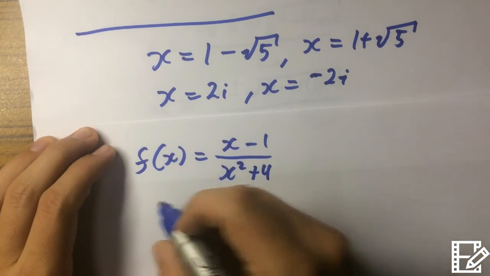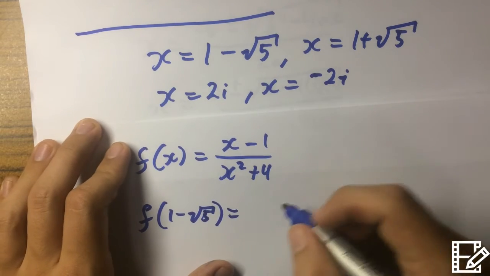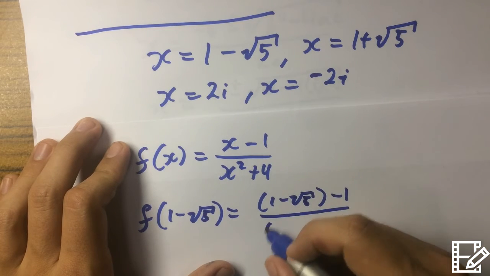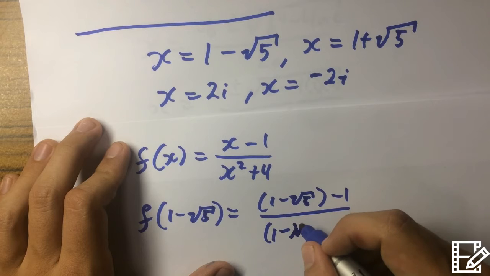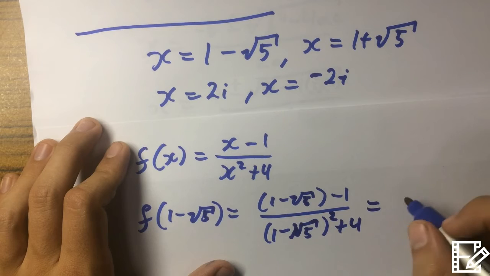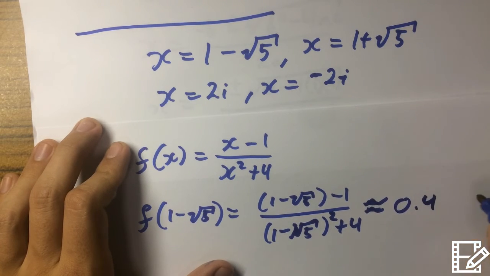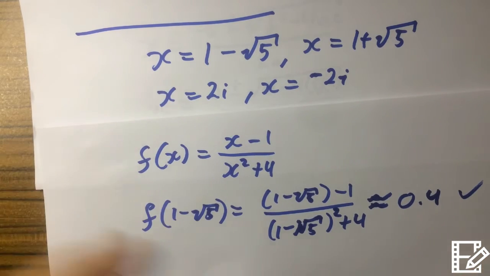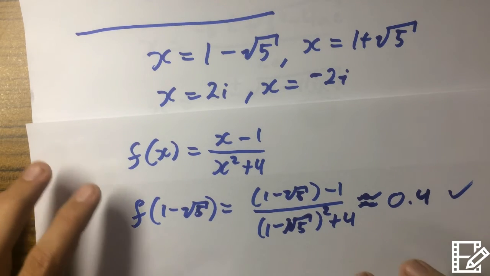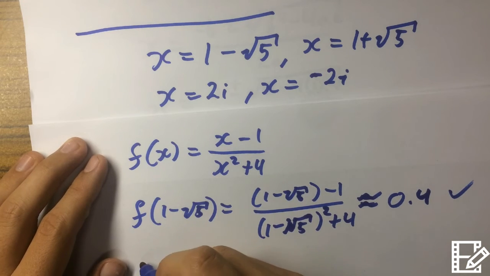So the function at 1 minus the square root of 5 equals (1 minus the square root of 5 minus 1) all over (1 minus the square root of 5) squared plus 4, which equals roughly 0.4, which is a tick, because it popped out a number, therefore it is real, it is defined in the domain. So that is a critical point.